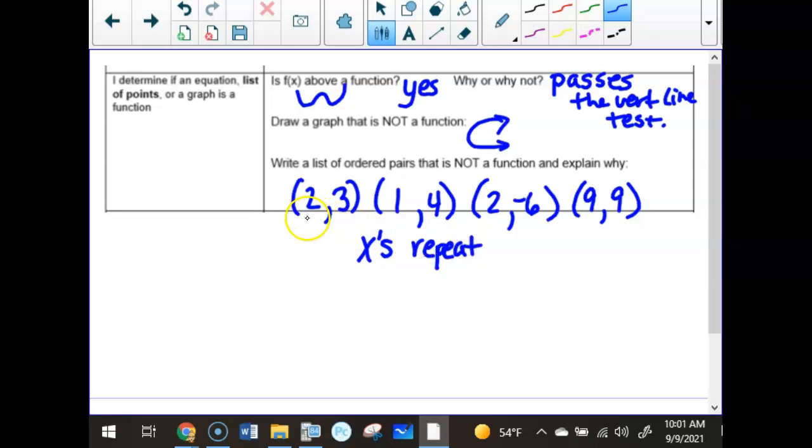If I graphed it, I went over 2, up 3, over 1, up 4, over 2, down 6, over 9, up 9. Well, these two line up, right? So to fail the vertical line test.